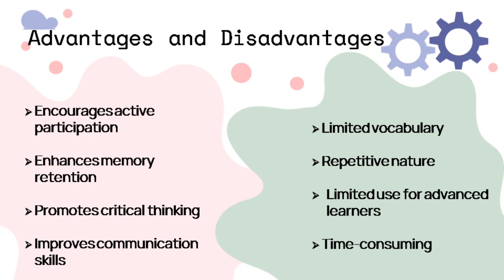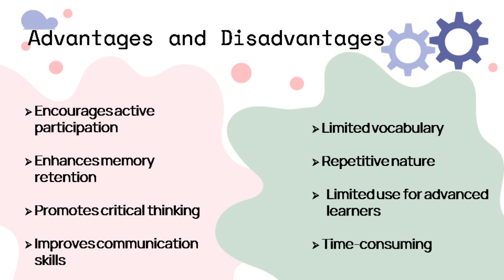Alright, last we will discuss the advantages and disadvantages of using the Make a Match teaching method, especially in teaching English. First, the advantages. Encourages active participation. So, the Make a Match method encourages students to be actively involved in the learning process.